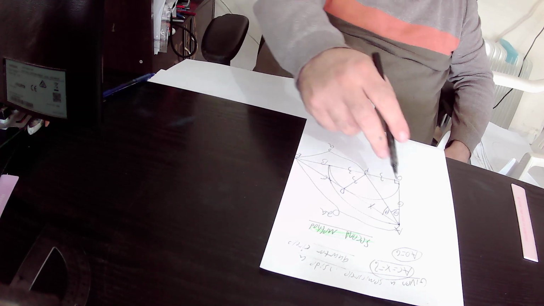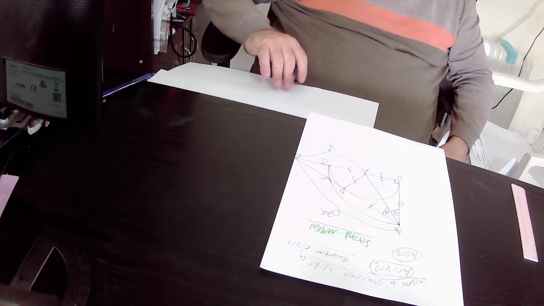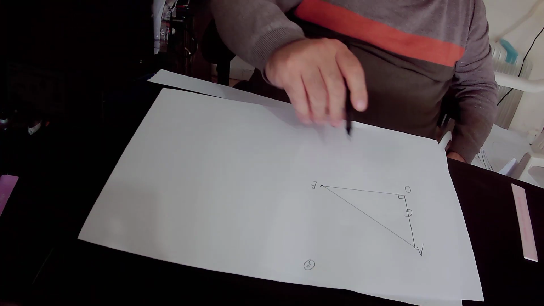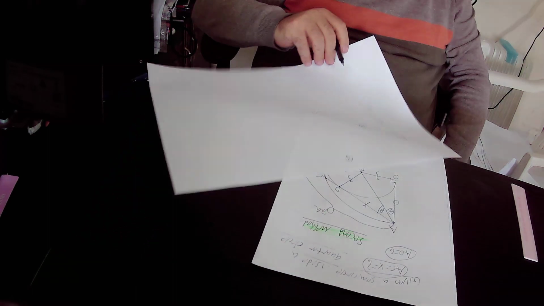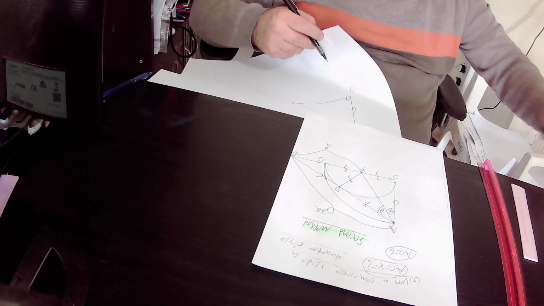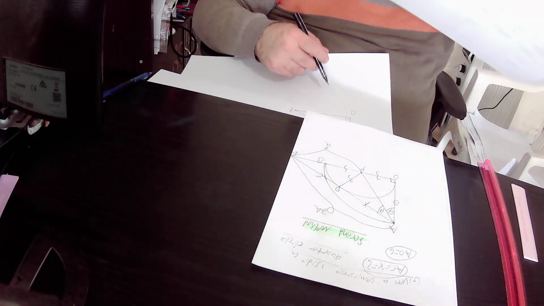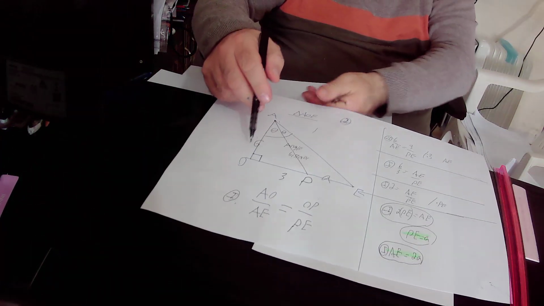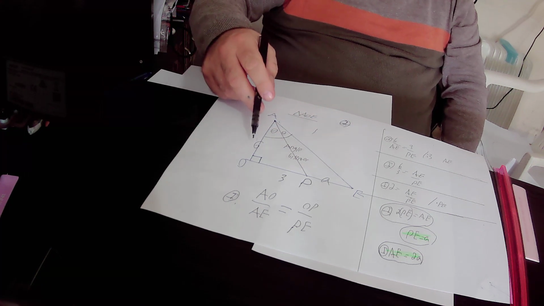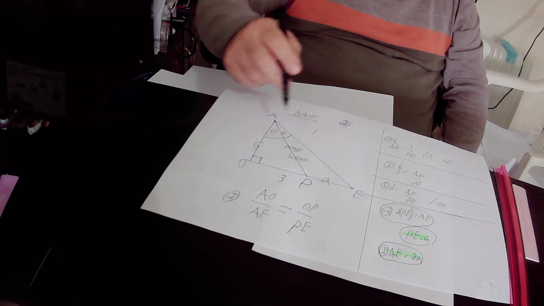We have already found out that AE equals 2a. So we can write here that AE equals 2a. And here side OE of the triangle AOE equals 3 plus a.